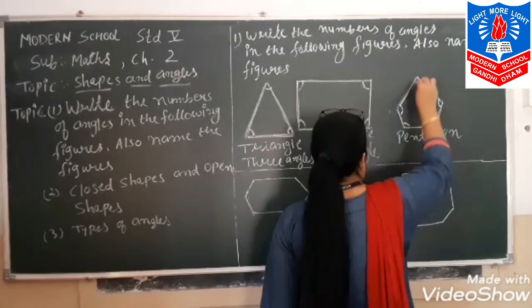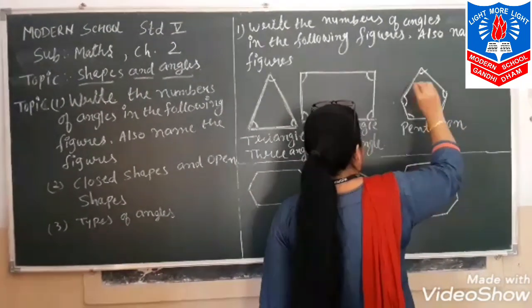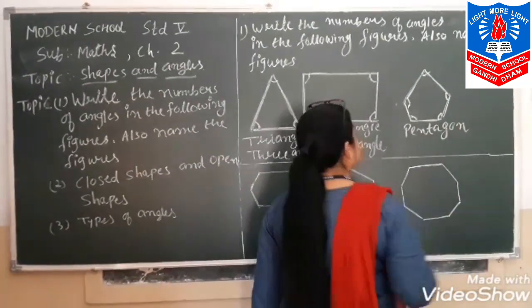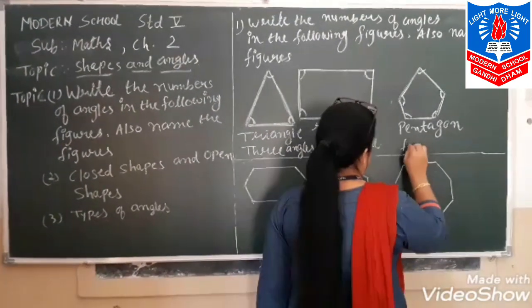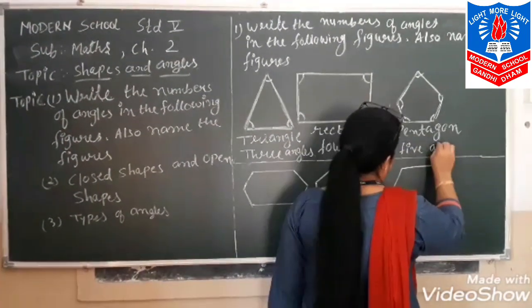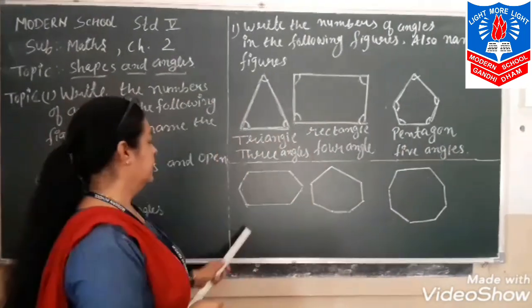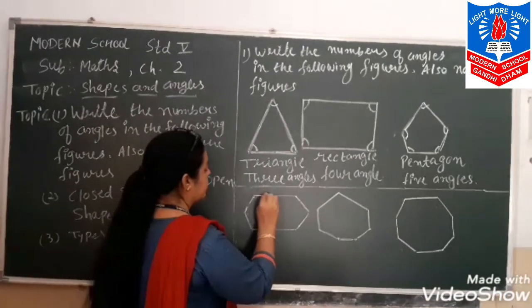See, here 2 line segments meet at one common point. Here also one common point. So how many angles? Here are 5 angles. We write here 5 angles.